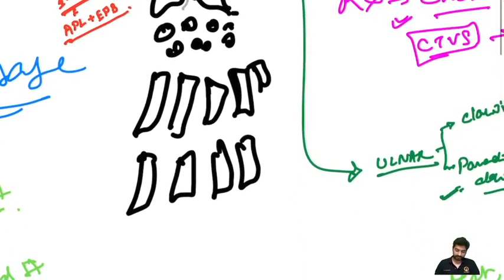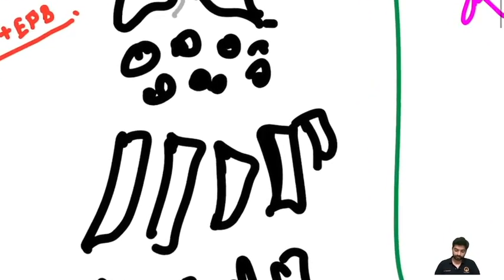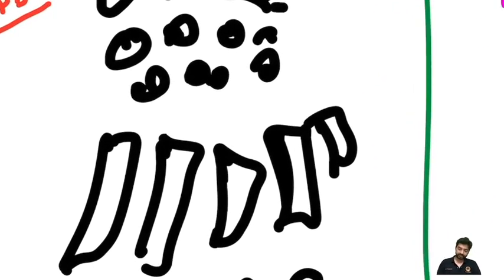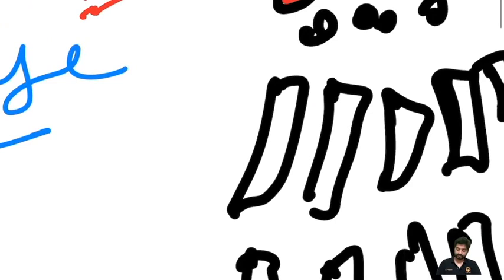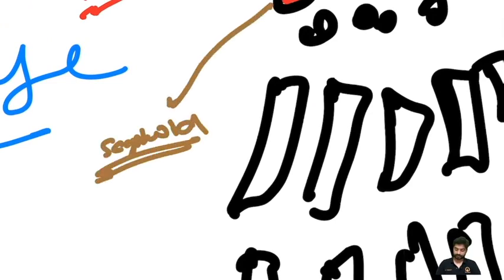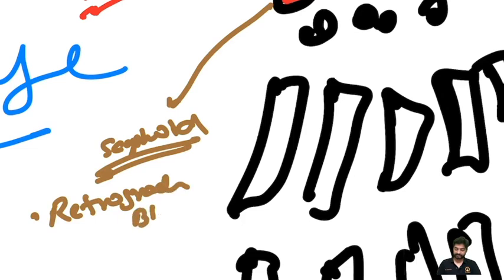So coming to your carpal bones, let's discuss the scaphoid first. The peculiarity regarding the scaphoid is that it has a retrograde blood supply.